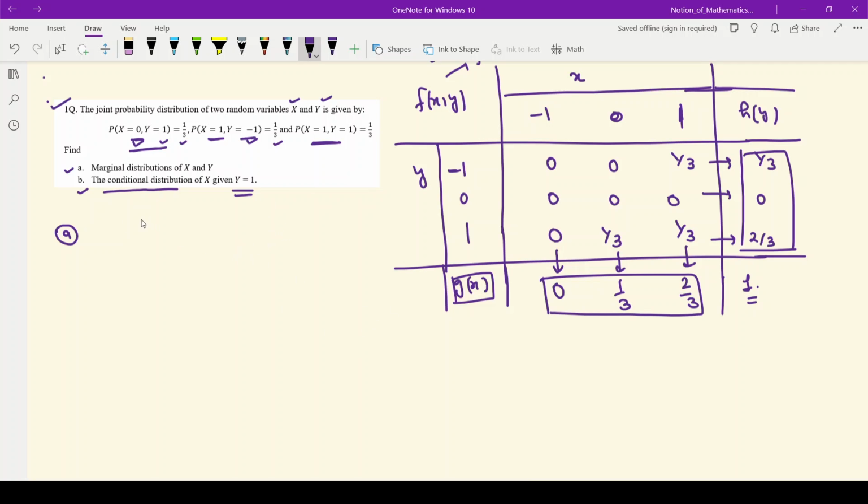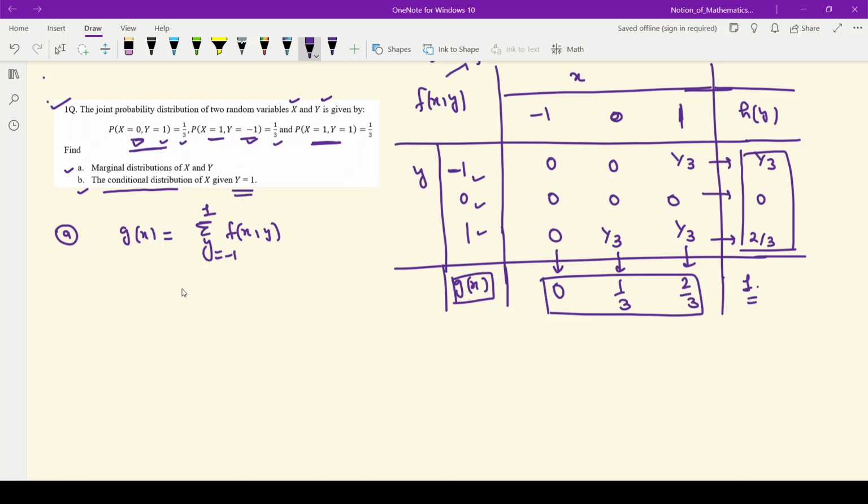Now if we see part A of the question, find the marginal distribution of x. As I have given the formula for the marginal of x, that is g of x is the summation over y of f of x, y, and here y has values -1, 0 and 1. Y is just from -1 to 1, these integer values.